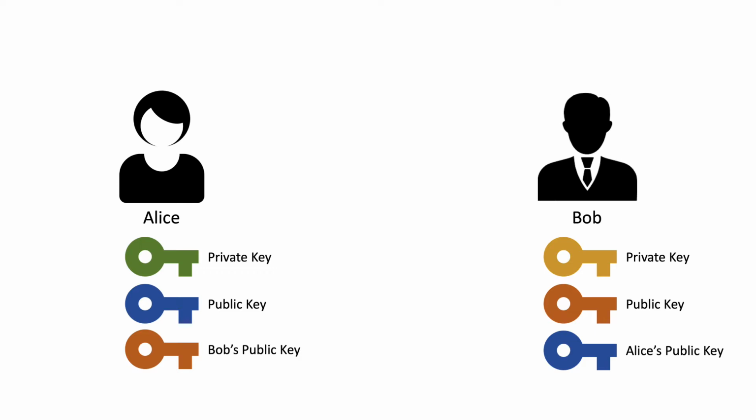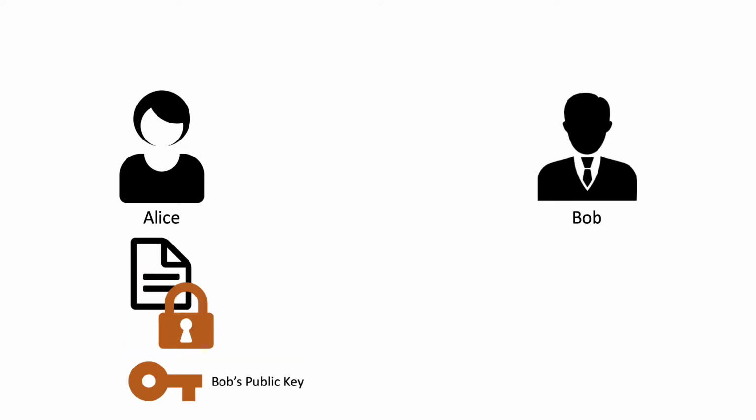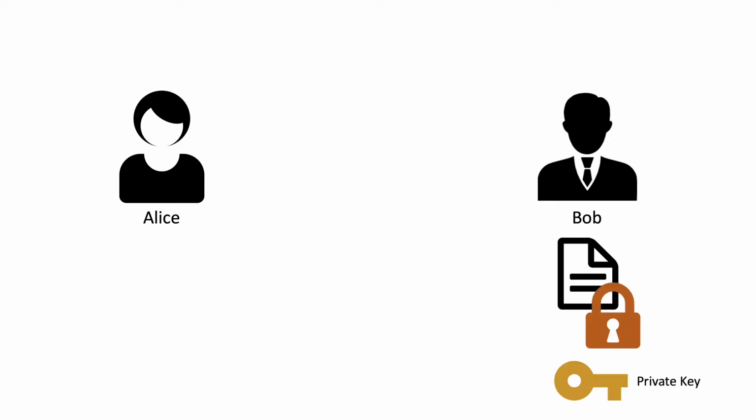It is not a secret. You can have access to Bob's and everybody else's keys. Likewise, Bob can have access to Alice's and everybody else's key. So what we can do is we can use his public key to be able to encrypt the message, send it to Bob, and Bob would be able to decrypt it using his private key.